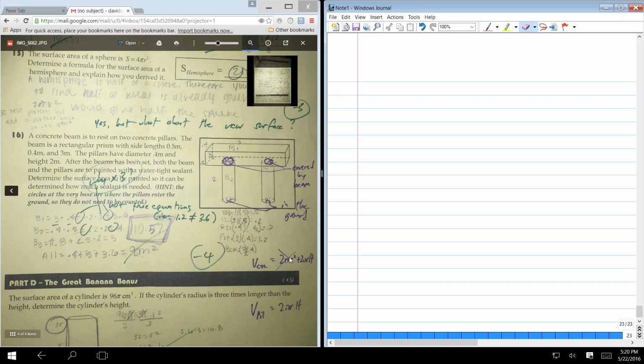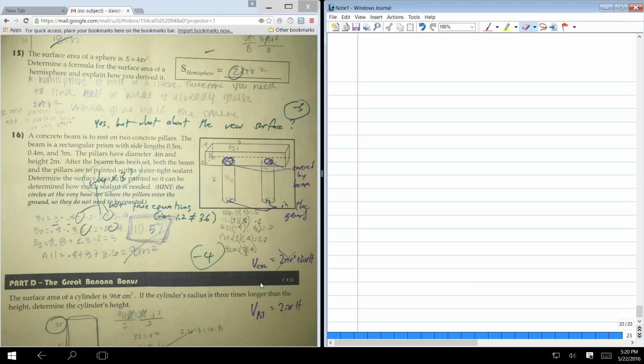Surface area is 2 bases, plus 2 pi r times the height. So that's the correct one, and she crossed out that because neither of those bases should be counted. But she labeled that wrong. That's not volume, that's surface area. Okay, what else? We've got 10 minutes.